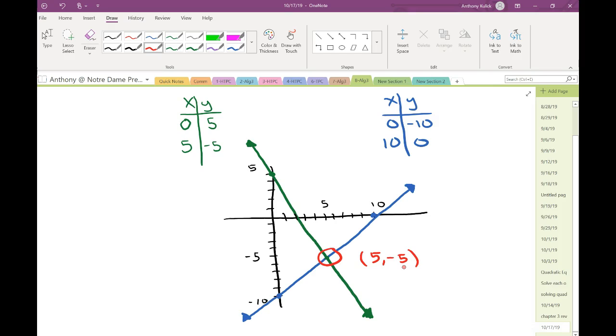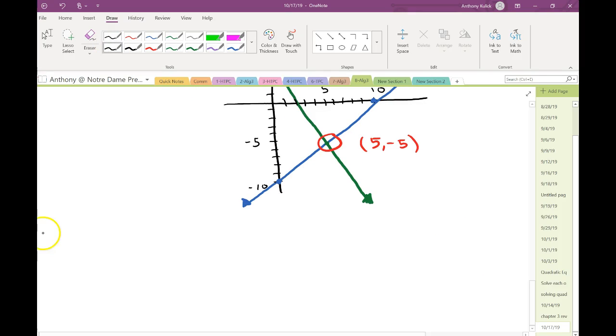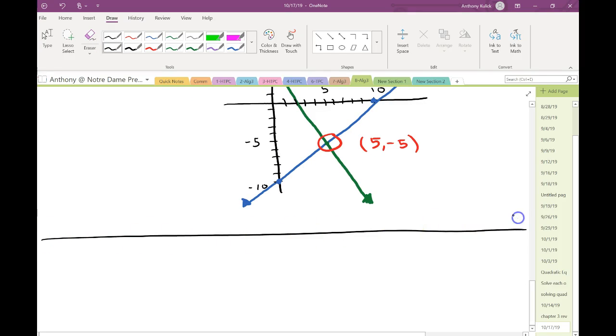So where is the solution, or what are we looking for if we're looking for the solution when graphing? Yeah, we're looking for intersections, right? Okay. We should be specific here.